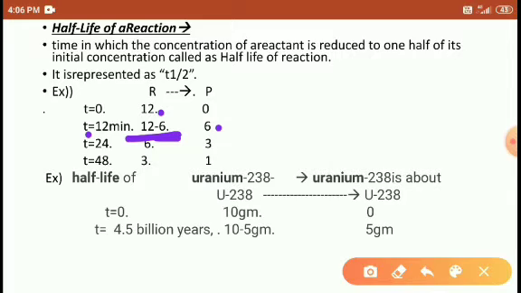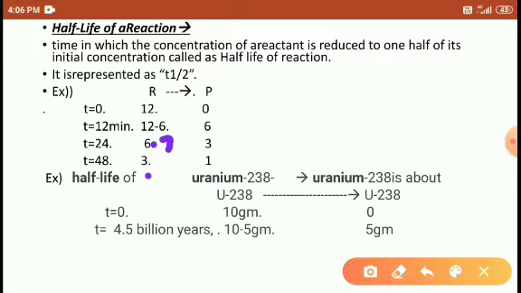Students, the time again increases. If time increases to T equals 24 minutes, then of the reactant concentration 6, again 3 decreases and turns into 3 moles of product, and 3 is left here, right? So half of the concentration decreases, from 6, 3 decreases and 3 is left.